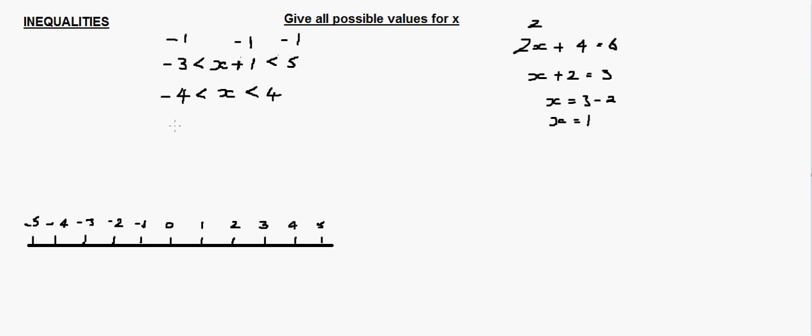But it can equal anything above it, so it can equal minus 3, minus 2, minus 1, 0, 1, 2, 3. But it can't equal 4 because x must be less than 4, not less than or equals to. So these are all the possible values of x.